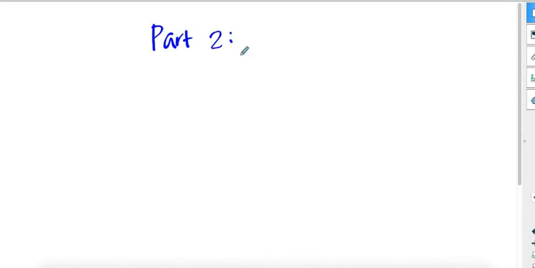Make sure you can do 1 through 4. These are the interior angles. And we're going to go on to now some exterior angle stuff.